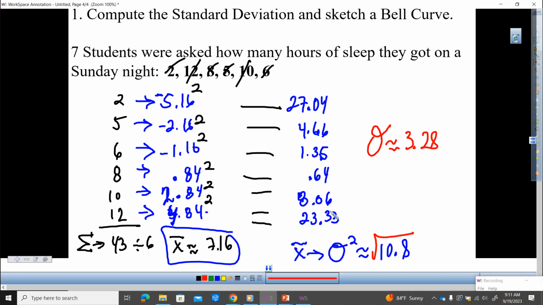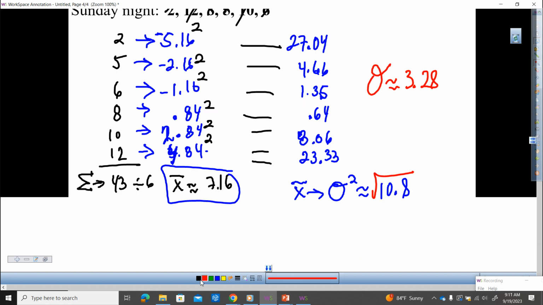Yeah? All right. So, our bell curve, we got our mean, which is 7.16. First standard deviation at 3.28 plus 7.16, that's 10.44. And on the other end, on the negative side, it would be 7.16 minus 3.28.